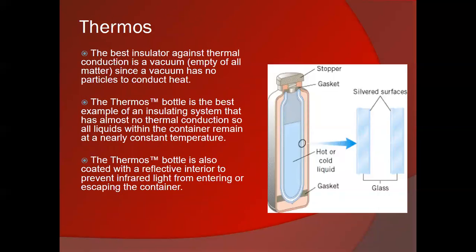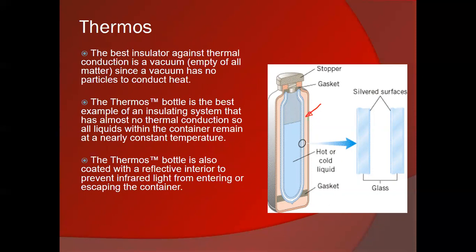There's something called a thermos bottle, and these take into account conduction, convection, and radiation. So what they do, first of all, is to eliminate conduction, okay? They actually create what's called a dewar, and this dewar is this hollow walled cylinder, and they either make this out of steel or glass.